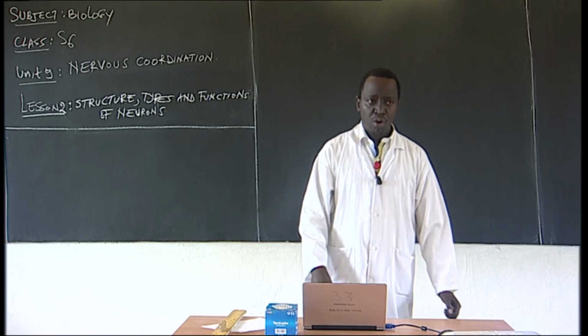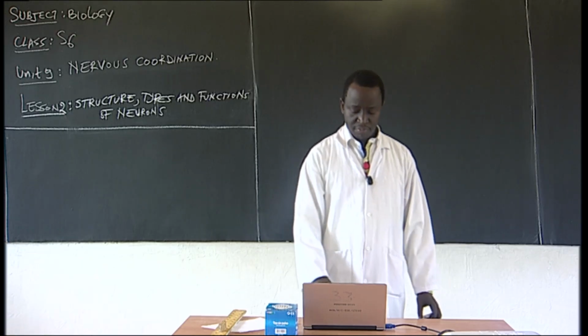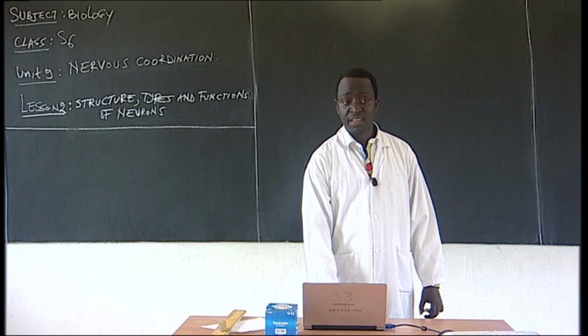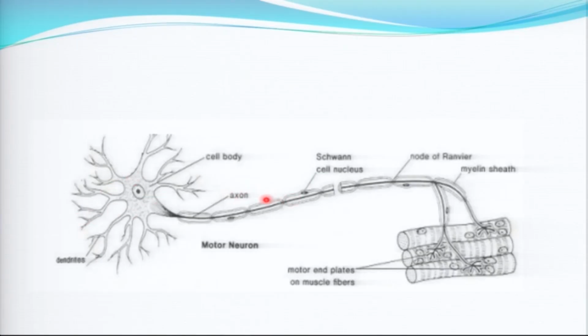So this is the motor neuron. This is the cell body. Those are dendrites, as I have said. And this is the axon, where information comes from these dendrites, passes into the cell body, and from the cell body it passes through the axon.